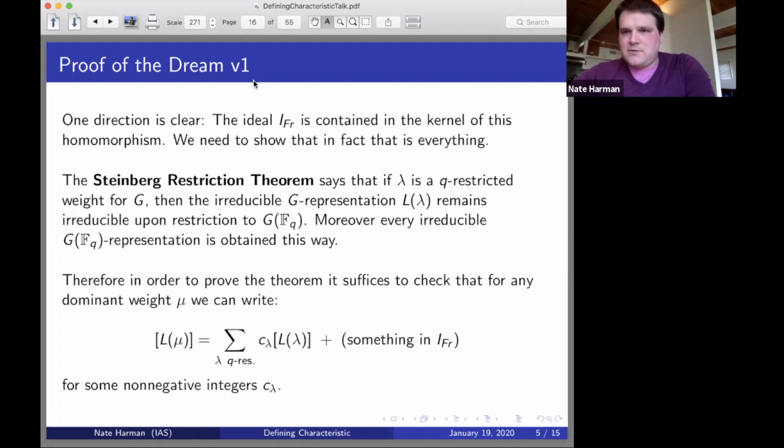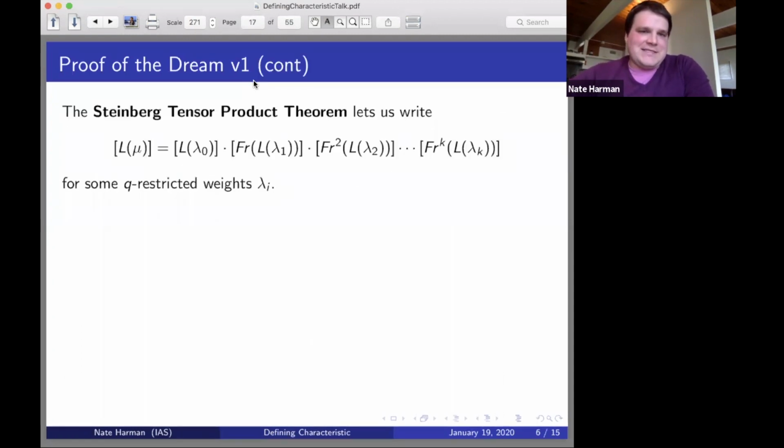The other fact that one might know about defining characteristic representations is the tensor product theorem for simply connected algebraic groups, which tells us that if we have a highest weight that's not q-restricted, then it decomposes as a tensor product of Frobenius twists of irreducible modules with q-restricted highest weight.